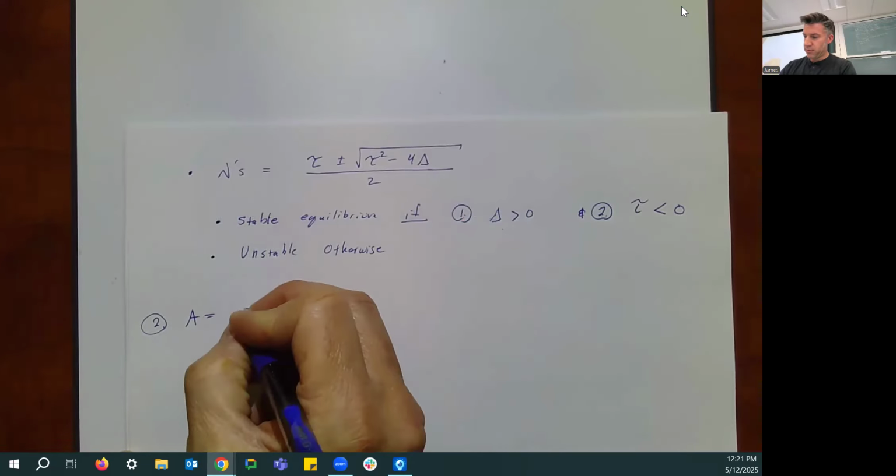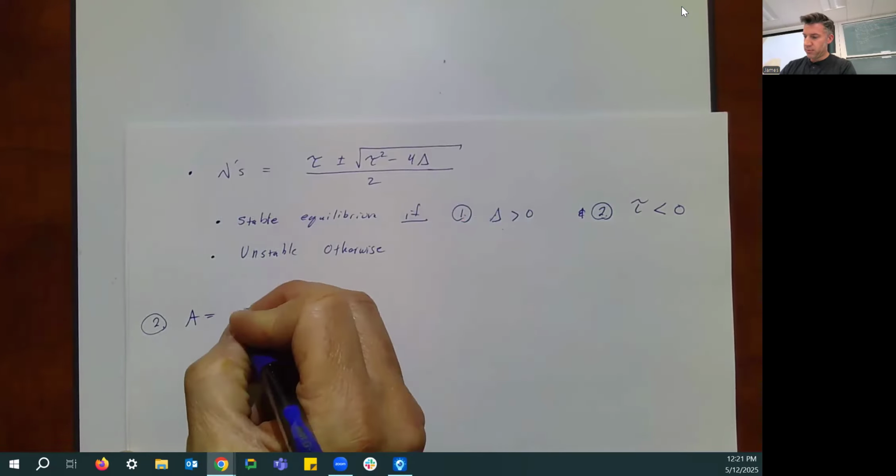And for our third one, the matrix 1, 5, -3, -6, our determinant is going to be 1 times -6 minus 5 times -3, which is -6 plus 15, which is +9.